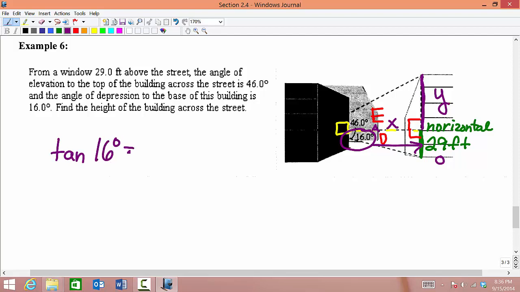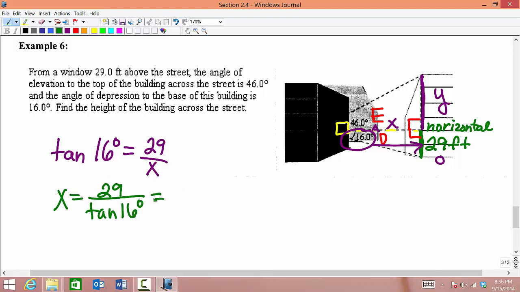Tangent of 16 degrees is equal to the opposite side, which is 29, divided by the adjacent, which we don't know, we'll call that x. And now we're going to solve for x. I'm going to multiply both sides by x and divide both sides by tangent of 16. So we get x is equal to 29 divided by tangent of 16 degrees.